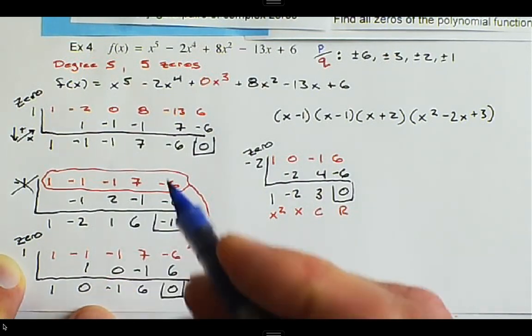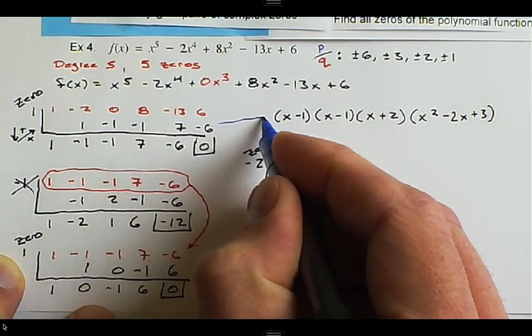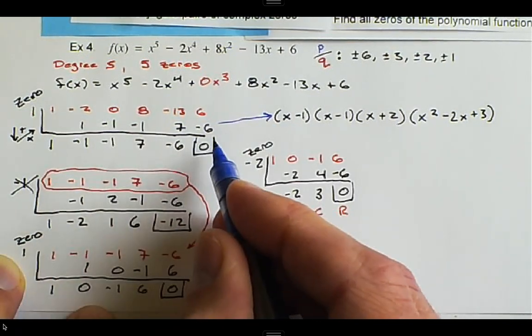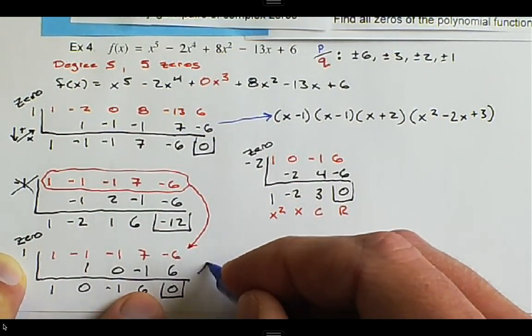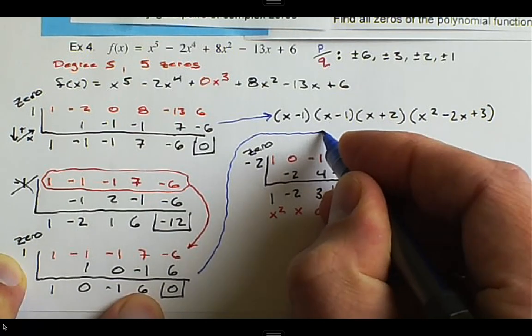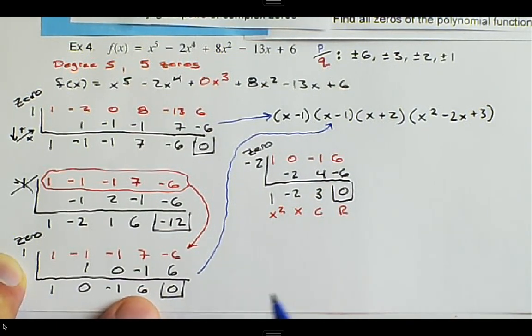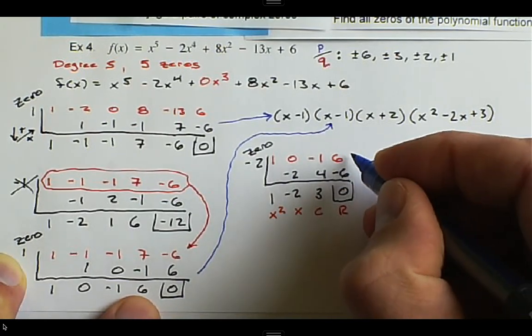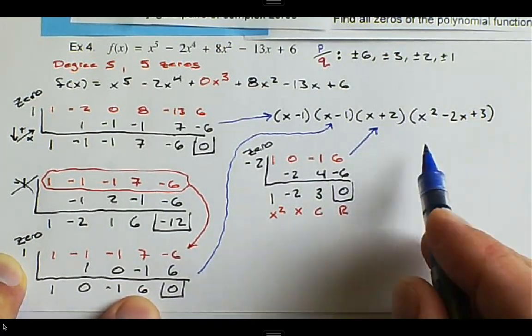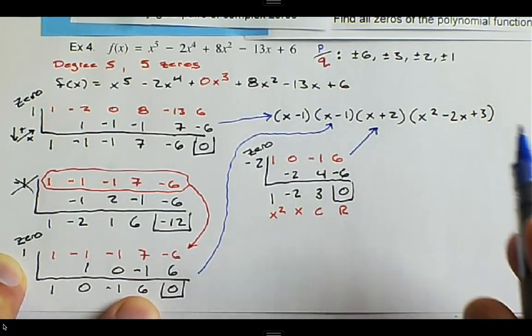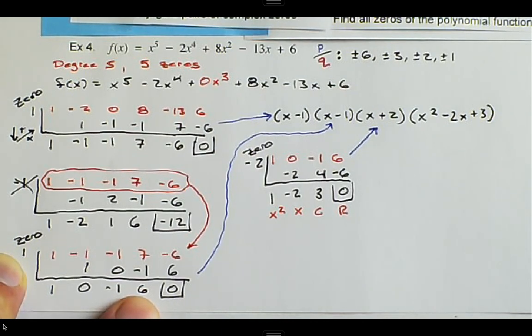So this is where everything came from. We calculated that 0 from this synthetic substitution. Then we calculated our next 0 from that synthetic substitution. We figured out -2 was a 0. And now we're left with this polynomial, with that quadratic.